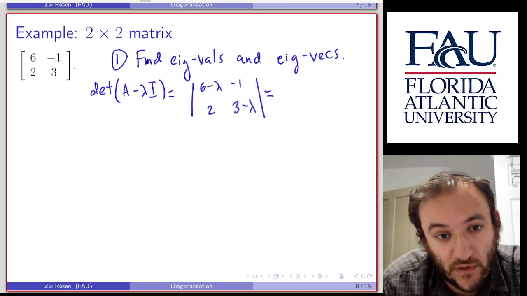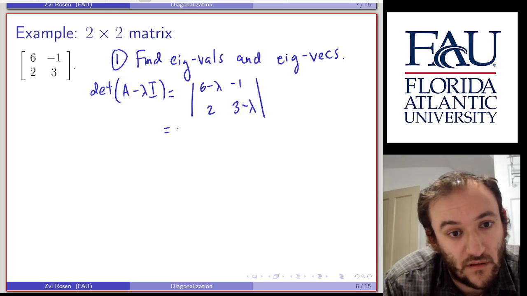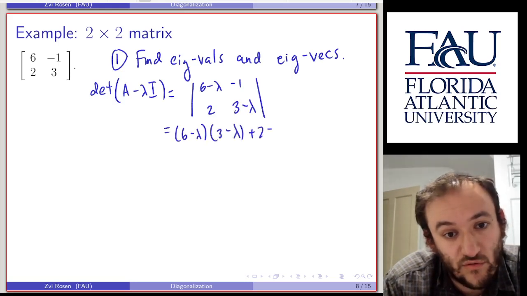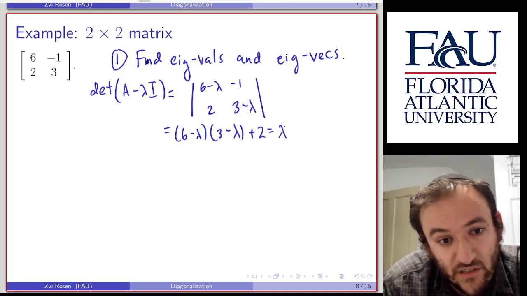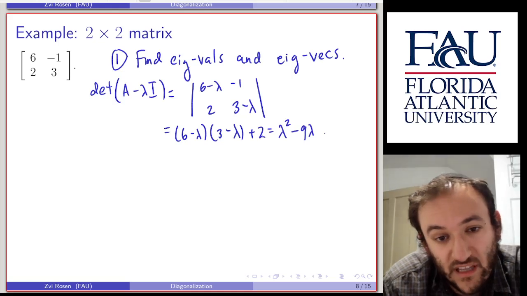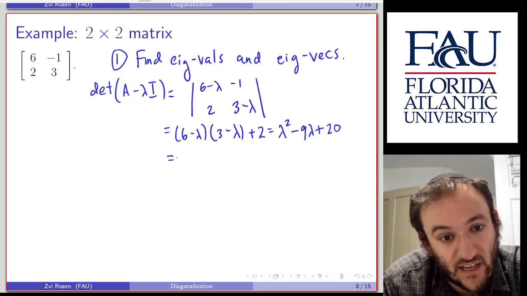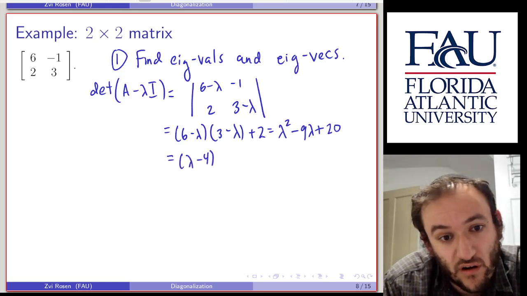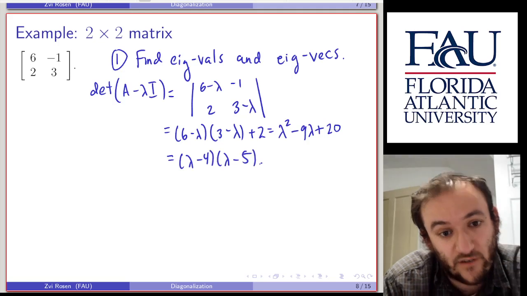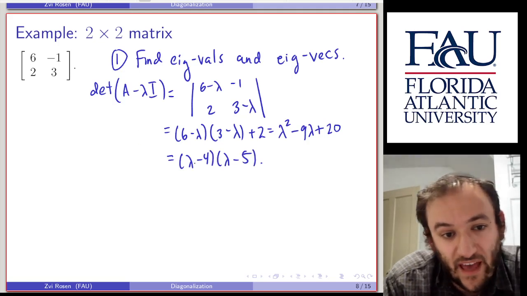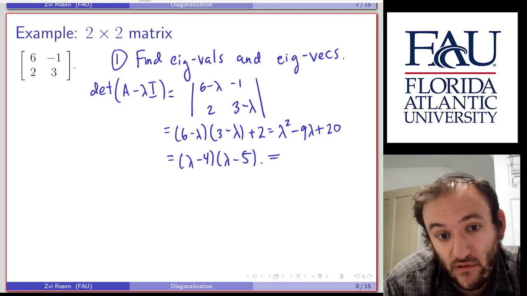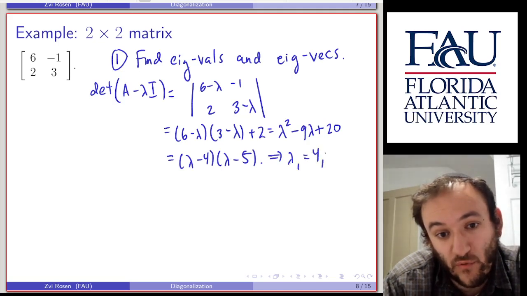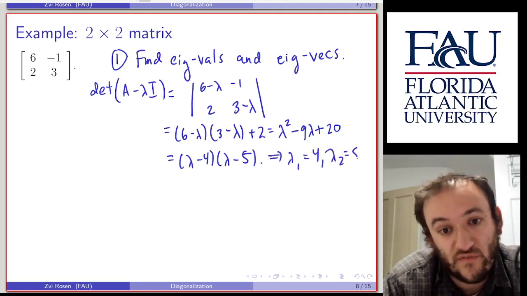This is equal to 6 minus lambda times 3 minus lambda, plus 2, or lambda squared minus 9 lambda plus 18 plus 2, which is plus 20, which gives us lambda minus 4, lambda minus 5 when you factor. So our eigenvalues are lambda 1 equals 4 and lambda 2 equals 5.